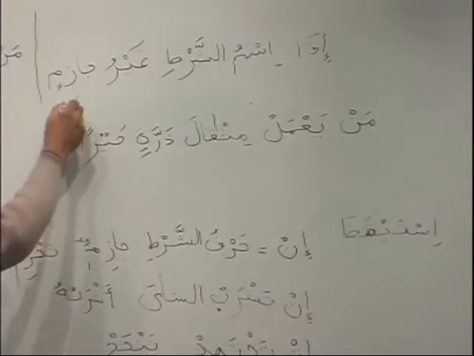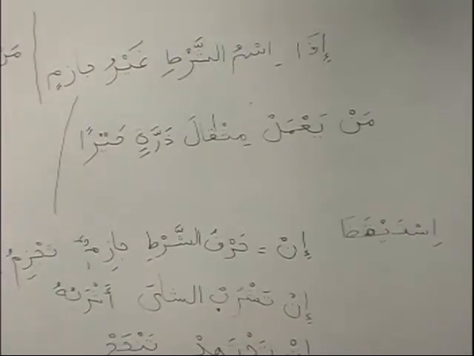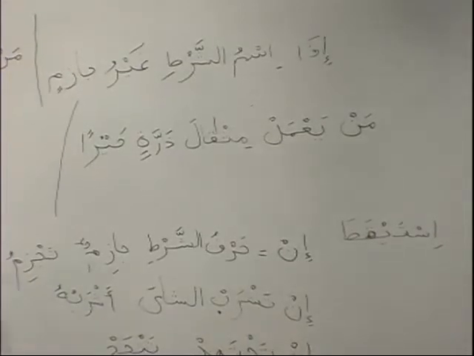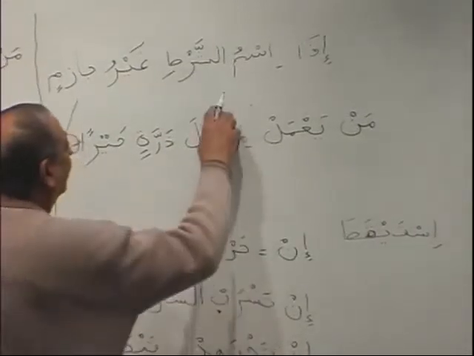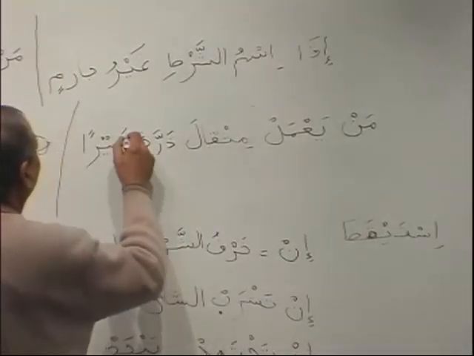Okay, I'm putting a line for you to separate the rest of it from the main sentence. What is the rest? Jawab. Its jawab is coming. Man ya'mal mithqala dharratin khayran.